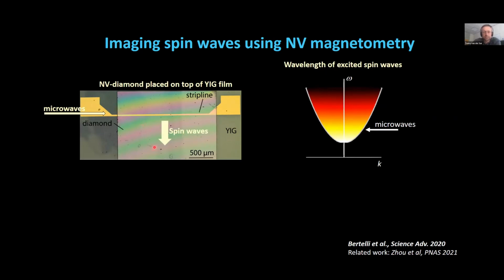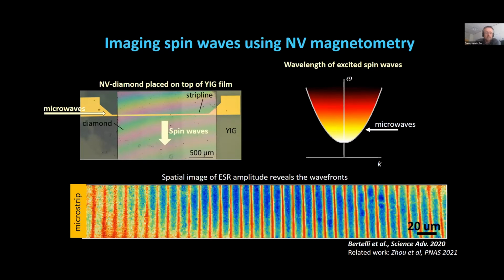Using the NV centers, we monitor the amplitude of the electron spin resonance of the NV center, so the amplitude of the dip that I showed you previously. And what we get then is a spatial image of this amplitude, and it reveals, in this case, the wavefronts of the spin waves that are generated inductively by this microwave strip line here.